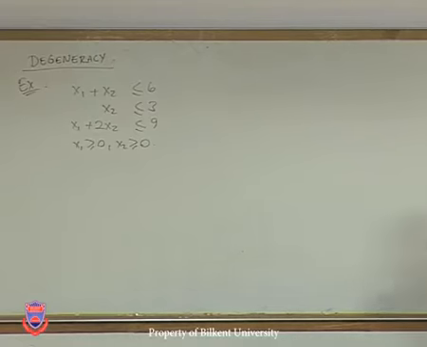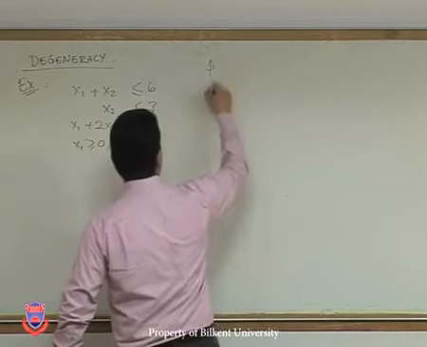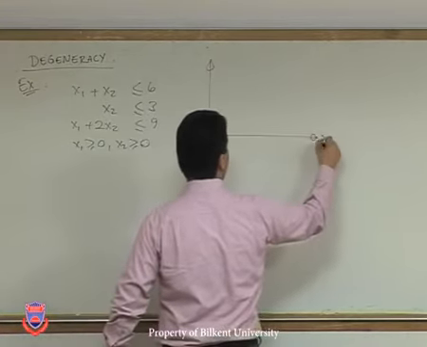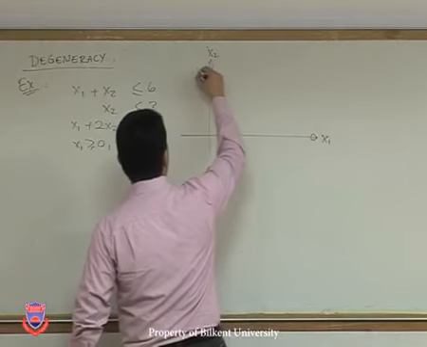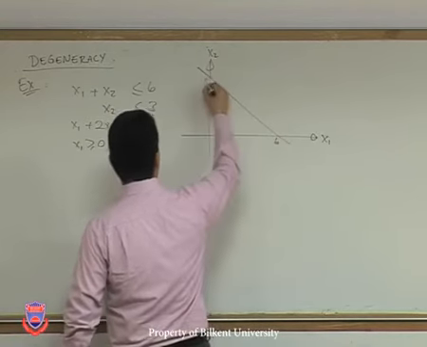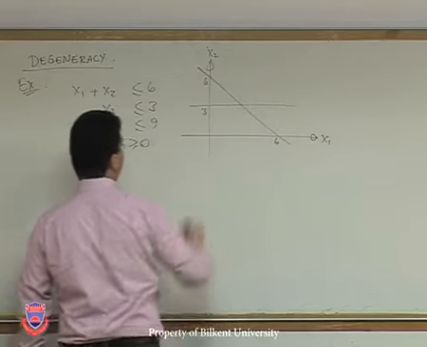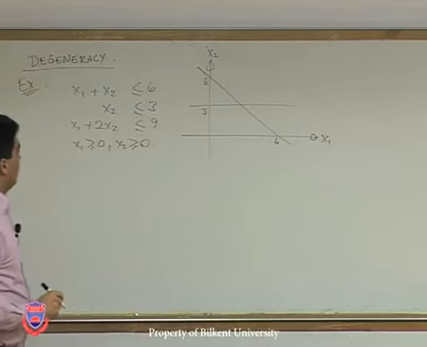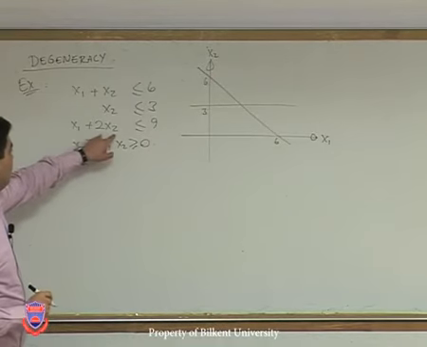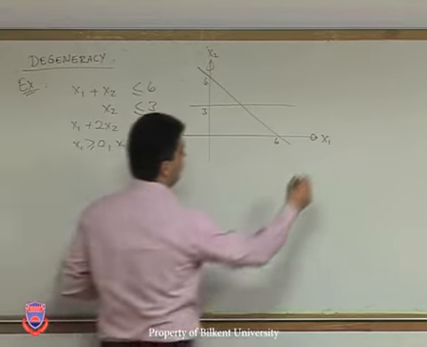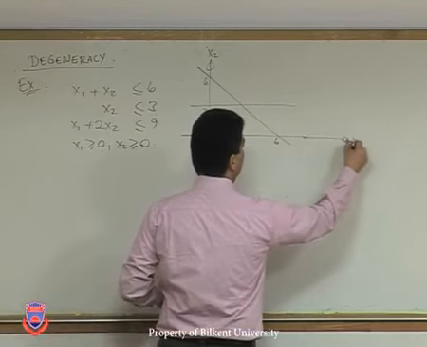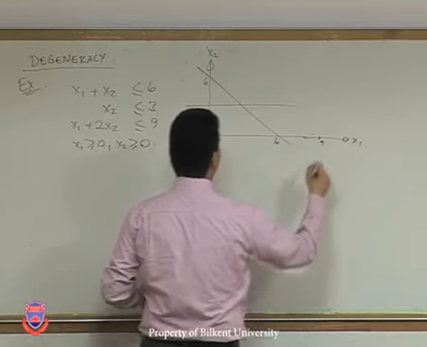Now let's quickly draw the feasible region in this example. This is the first constraint, and this is the second constraint. And then what does the third constraint look like? If x2 is 0, x1 is equal to 9, which is somewhere over here.